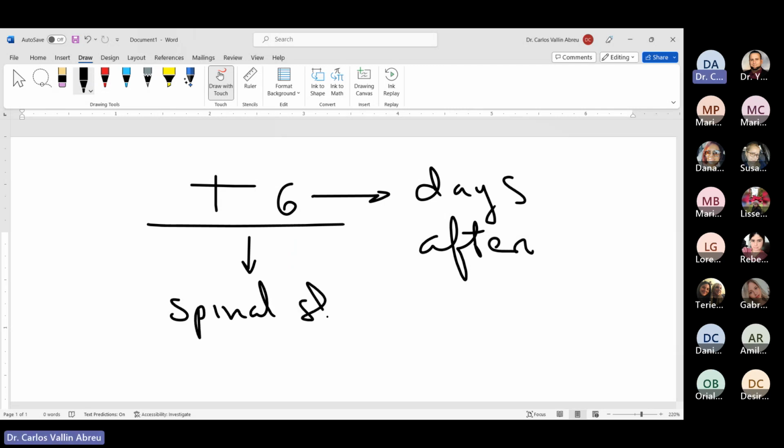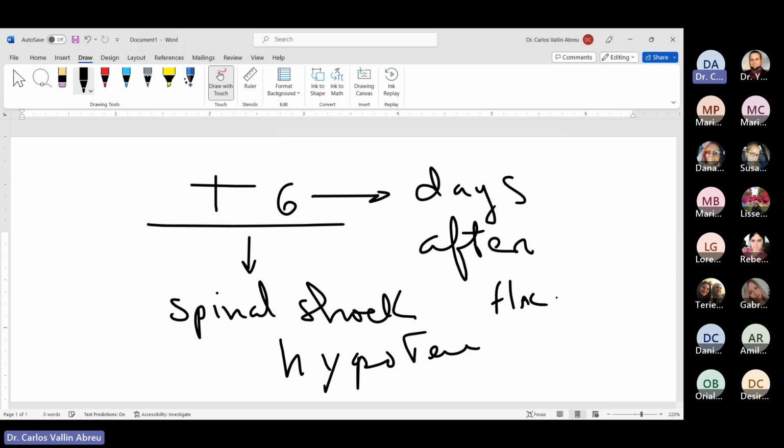In spinal shock you have hypotension, and of course you are going to have paralysis, but it's a flaccid paralysis, so there is decreased muscle tone and absence of reflexes below the level of the injury.